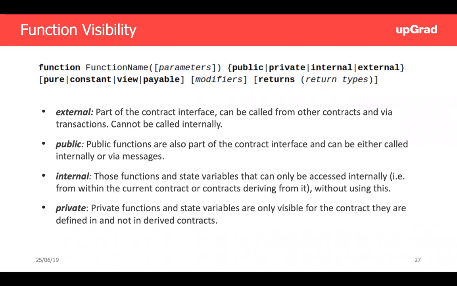Blockchain data is public. These visibility parameters only decide how these functions can be accessed through code or through an external transaction. A private function's results and its data will also be public. It's just that how it will be accessed through code or through external transactions is what is decided by these visibility parameters.